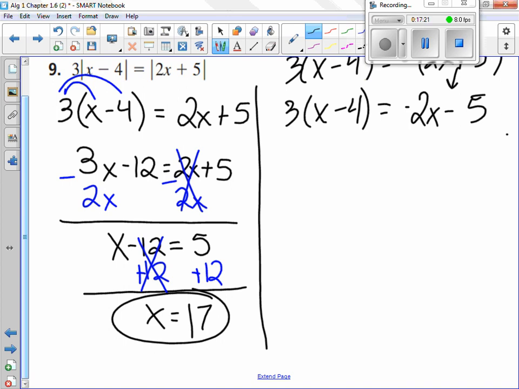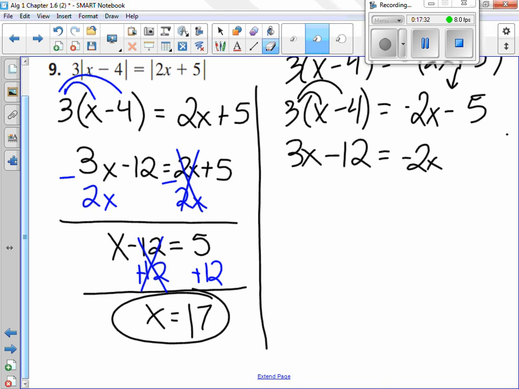Yes? Okay, so we're going to have to do the same thing over here. We'll distribute the 3. So 3 times x is 3x. 3 times 4 is negative 12. Minus 5.